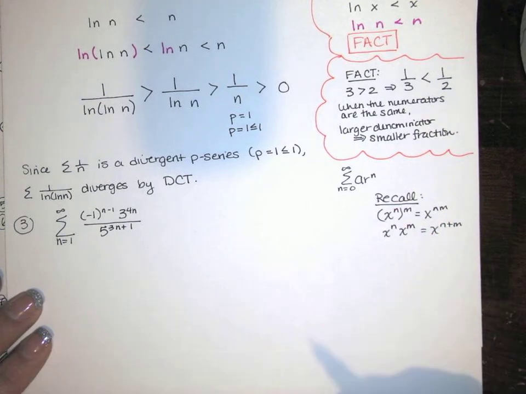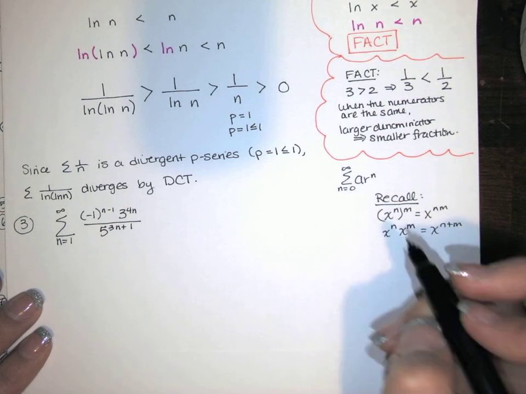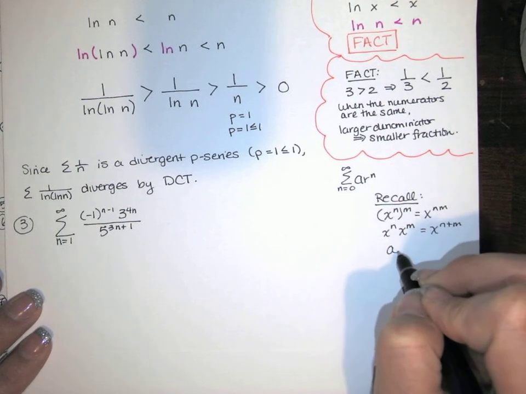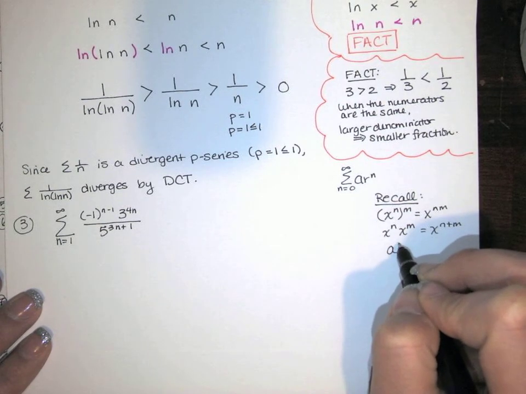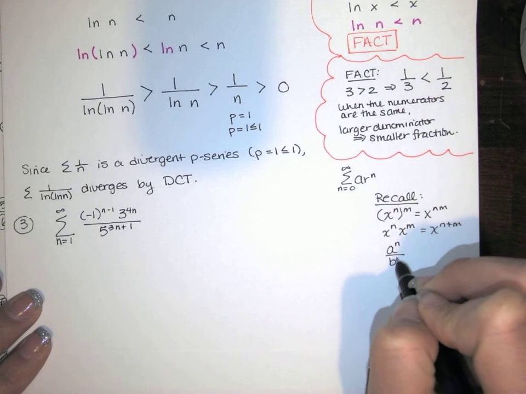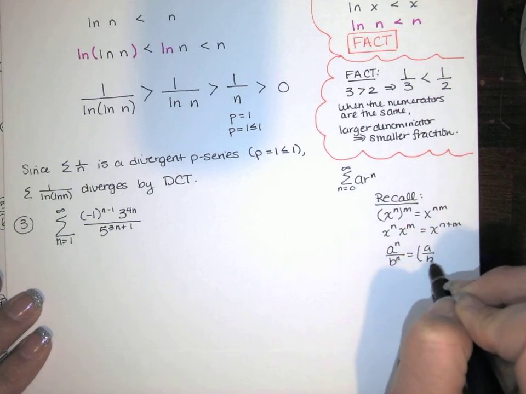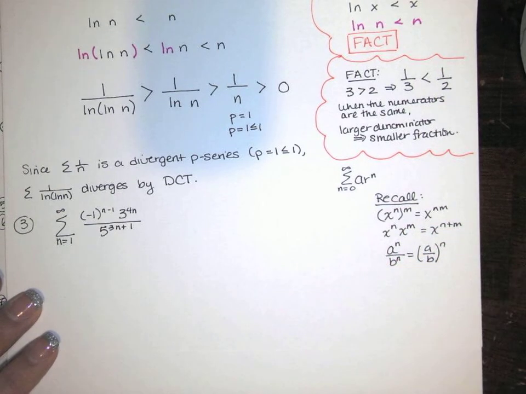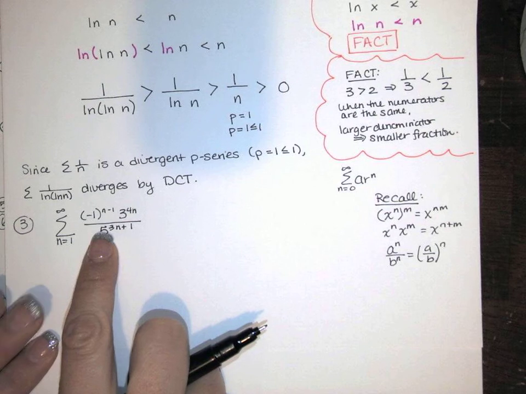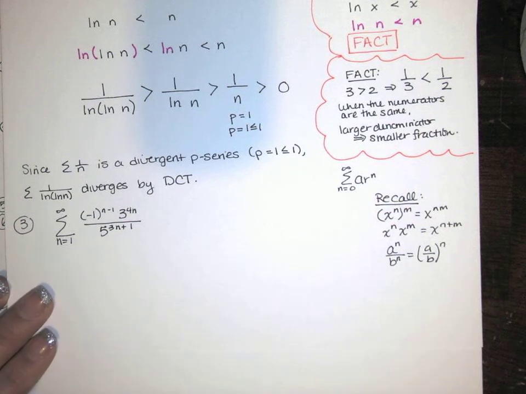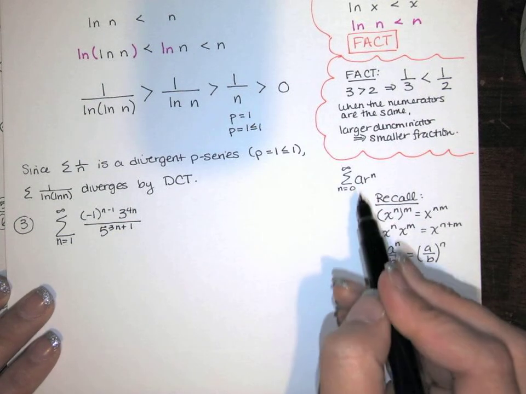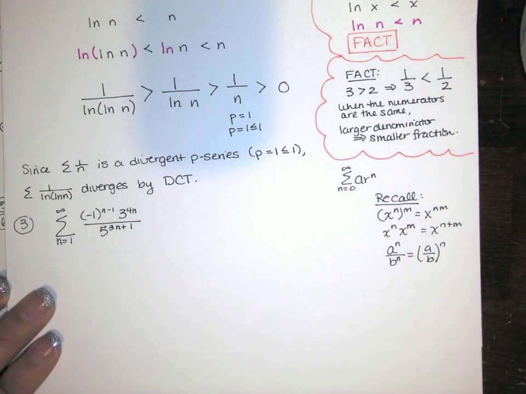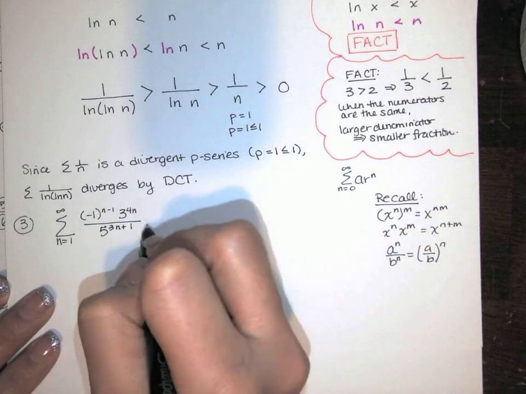And one other rule: if you have a to the n over b to the n, you can write that as a over b to the n. With those three rules, we should be able to write this as a constant times a constant to the n. And whatever that constant is that you're raising to the nth power, that's your common ratio.